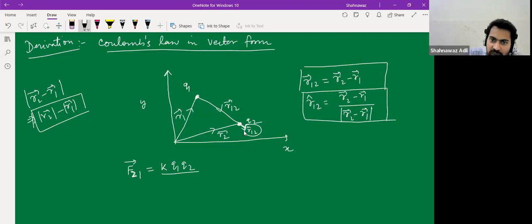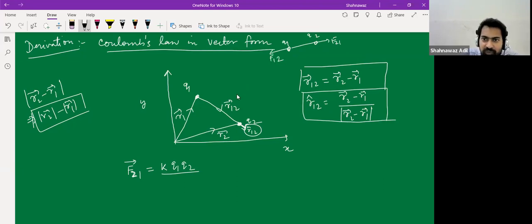This is the Coulombic force. So whenever you have these two charges, this charge tries to repel that charge in this direction. So this is F21. And if we want to calculate the force on charge 1 due to charge 2, that would be F on 1 due to 2.